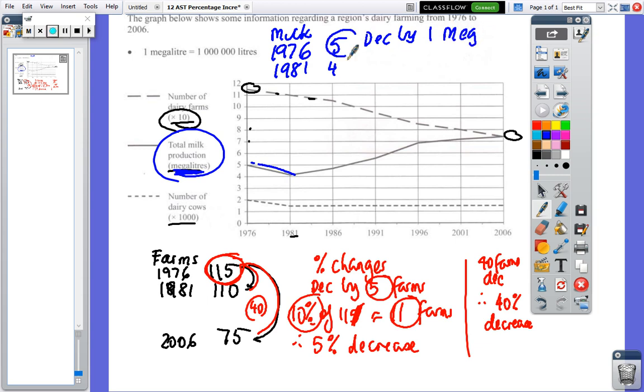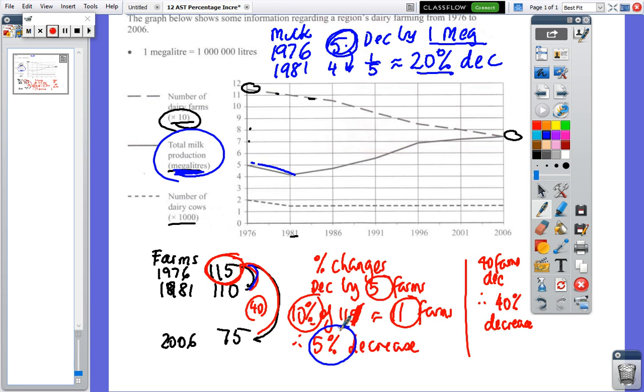This time we can't knock off a 0 because we've only got one number, but it decreased by 1 and the original number was 5, so 1/5 is obviously a 20% decrease. So 1 megalitre is 20%, whereas here, the 5 farm decrease was only 5%.